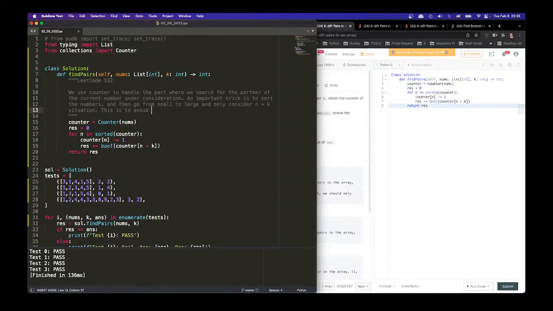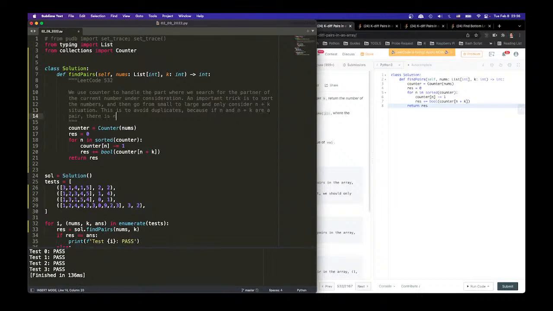This is to avoid duplicates. Because if n and n plus k is a pair, there is no need to check the n plus k minus k situation.